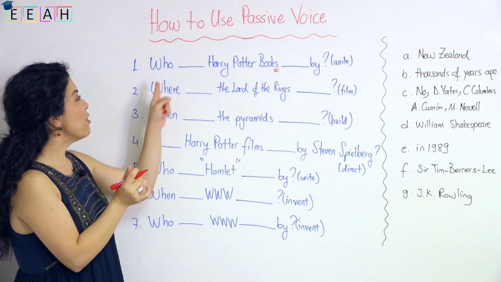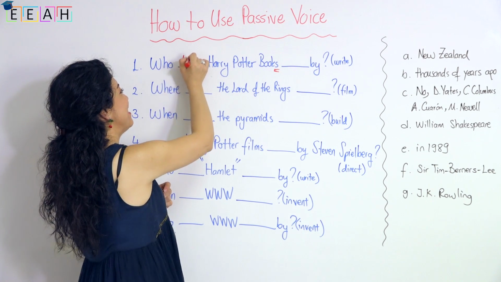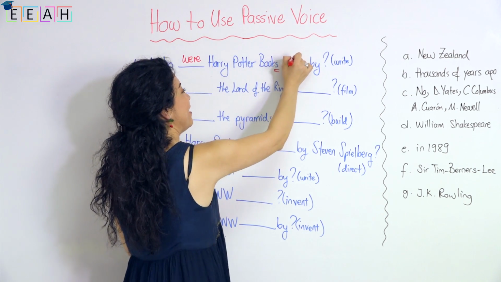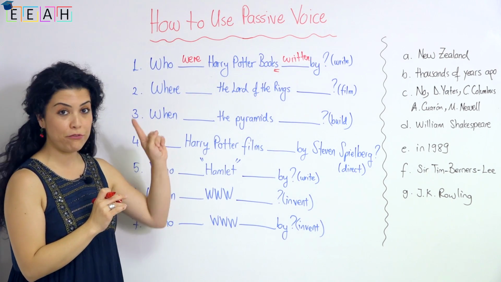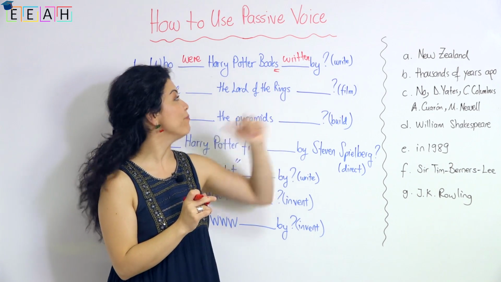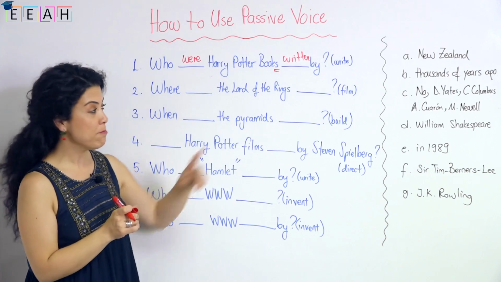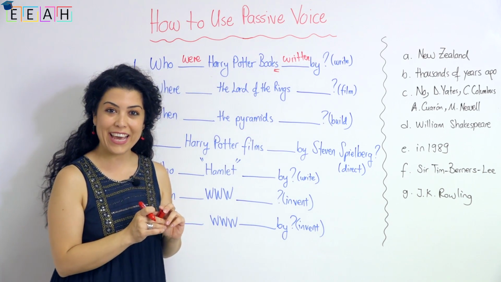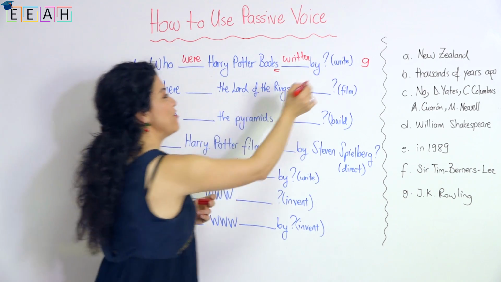So I need to say, who were the Harry Potter books written by? We are writing the past participle form of the verb. Don't forget, this is irregular. Write, wrote, written. Okay, nice. So who were the Harry Potter books written by? J.K. Rowling, yes. So G is the correct answer to that.